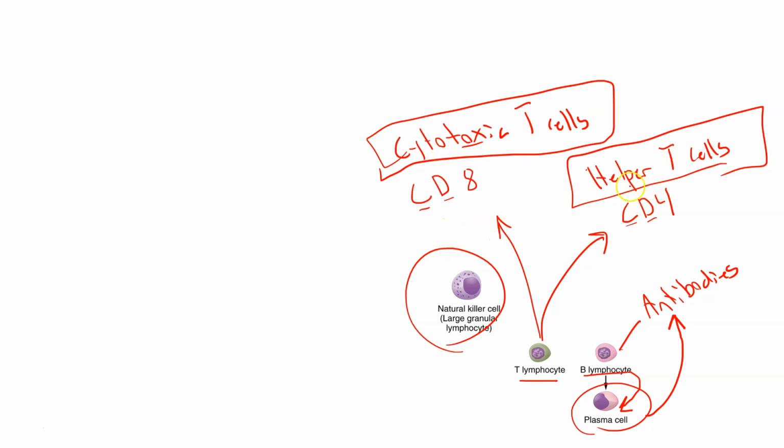The helper T cells will either help to turn on a CD8 cell or help to turn on a B cell. That's what they do. And then the NK cells are usually more known for destroying cancer cells. We'll talk at great length about the B cells and the T cells in the next lecture, but for now, just keep in mind the two different kinds.